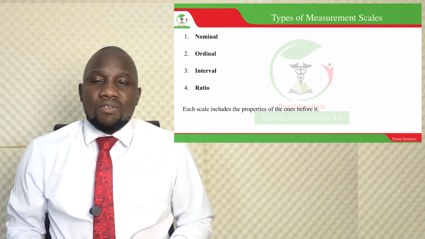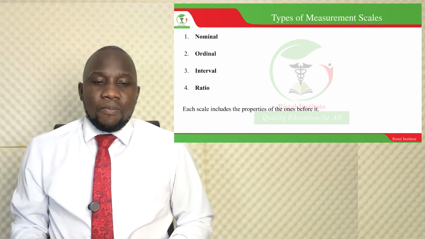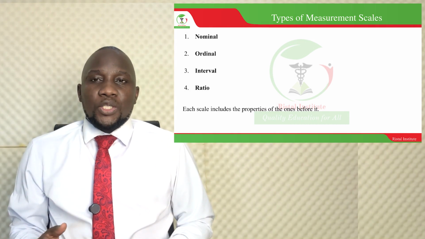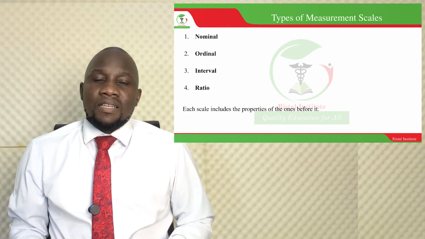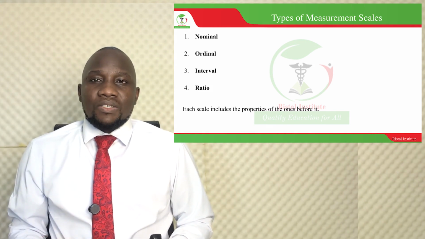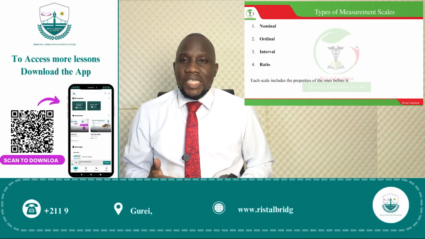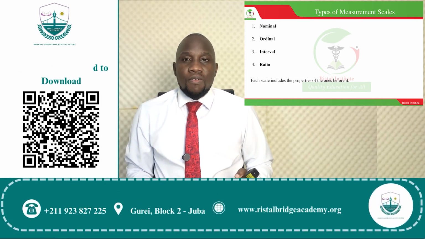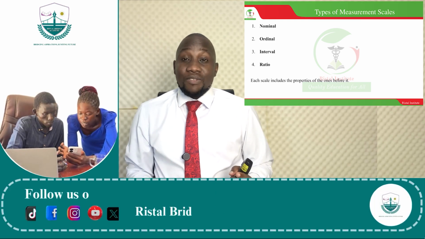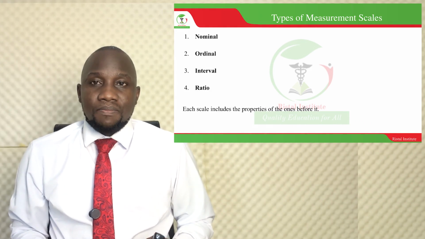The properties of ordinal scale are the properties of interval scale, and we can add others. The properties of interval scale are the properties of ratio scale, and then we can add others. That's what that statement means, that each scale also includes the properties of the scale before it. So this arrangement from nominal, ordinal, interval, and ratio is very important. It's not by mistake that we are writing them just like that.